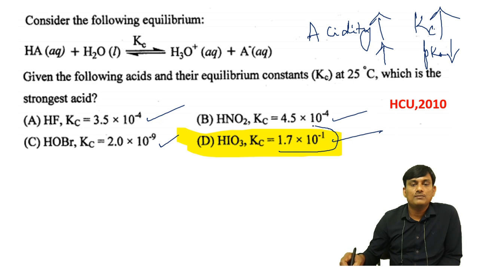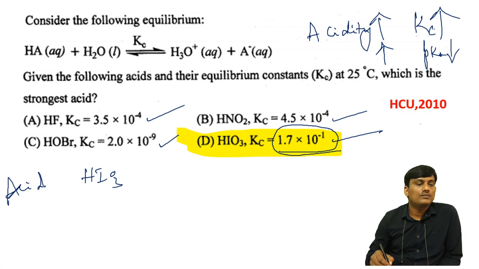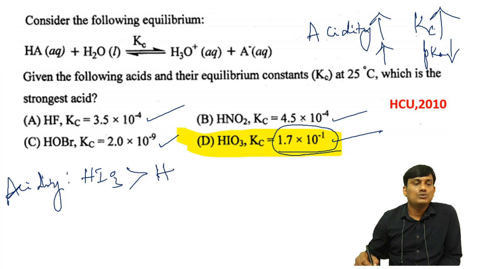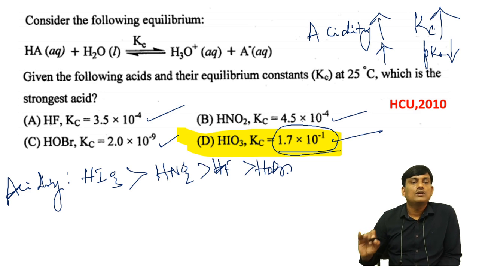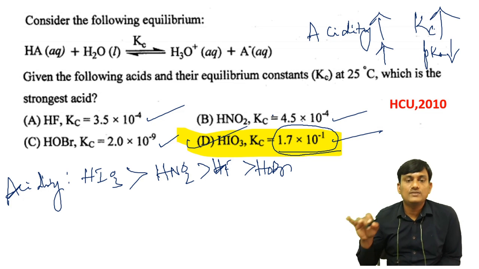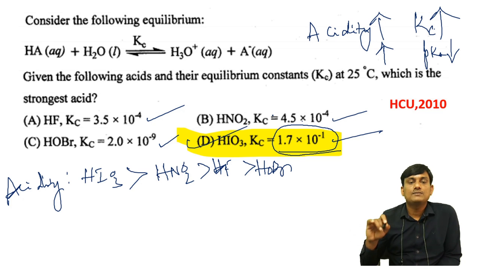This one is greater among all the Kc values. So what is the order? Acidity order: HIO3 is greater than HNO2, which is greater than HF, which is greater than HOBr. So which one is the strongest acid? HIO3 is the strongest acid since HIO3 has the highest Kc value.